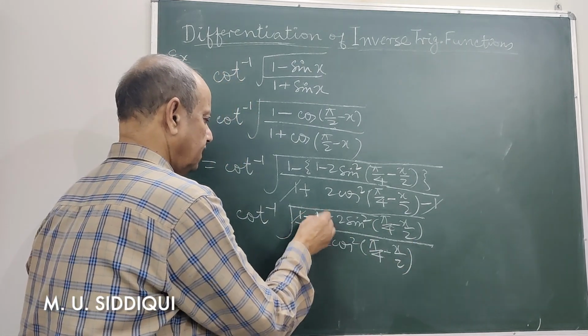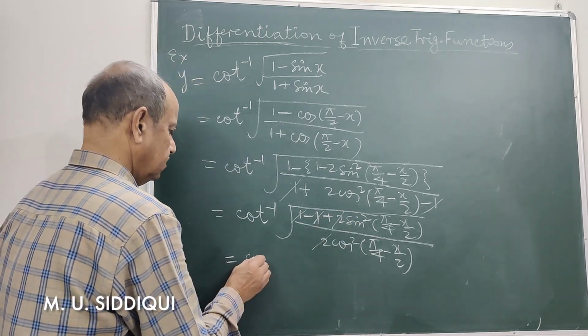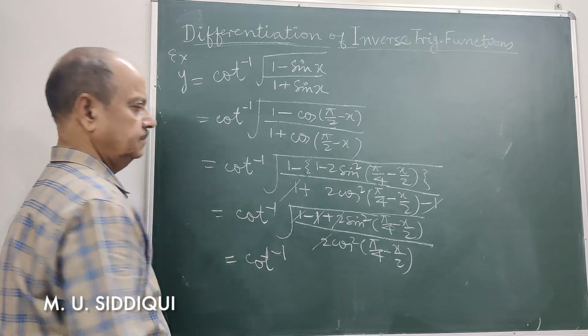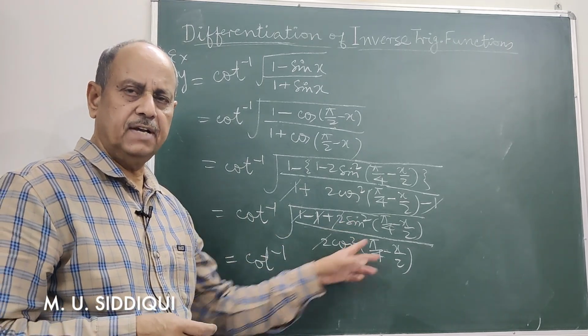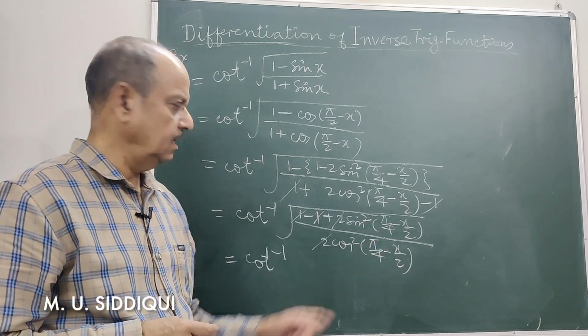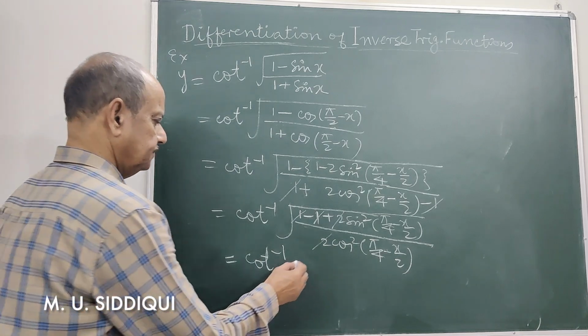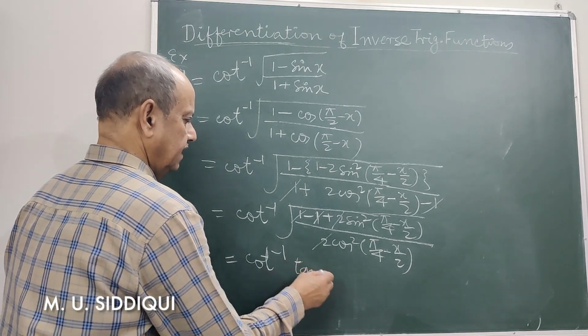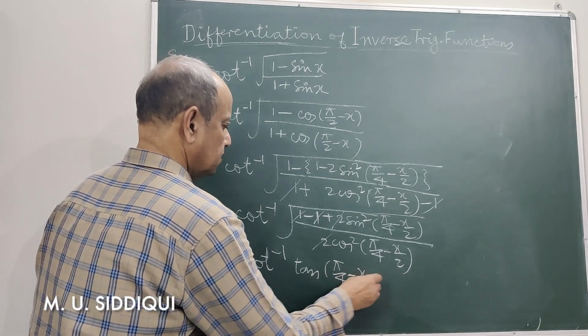This 1 cancels from here, and then after that 2 will cancel, and you get cot inverse of sin square upon cos square, which is tan square of an angle because the angles are same. The square root of tan square will make it only tan, and tan of the angle pi by 4 minus x by 2.